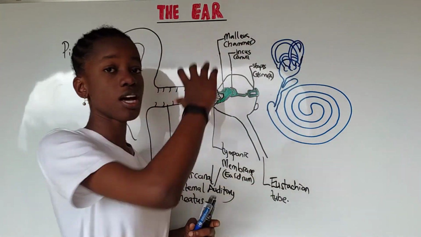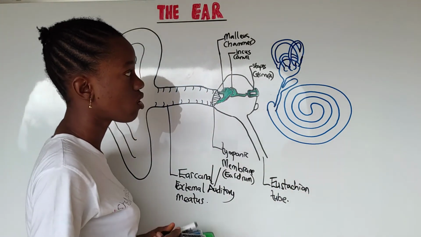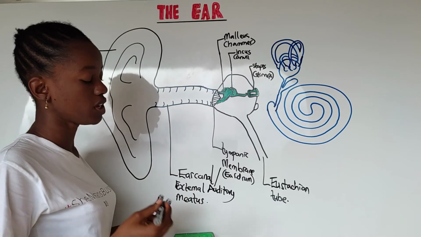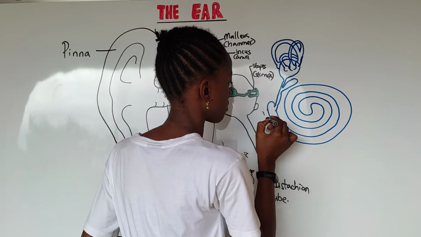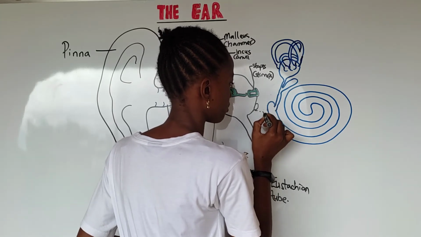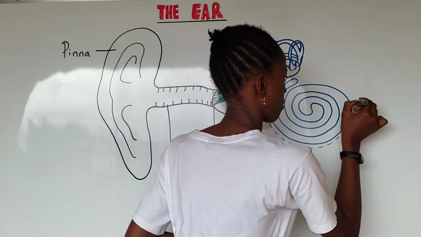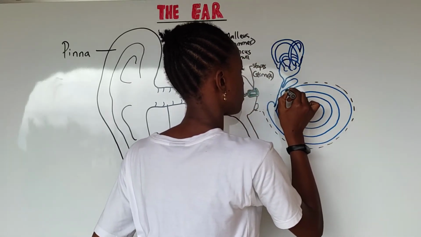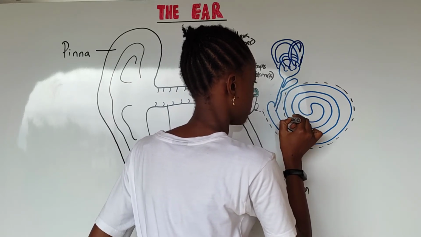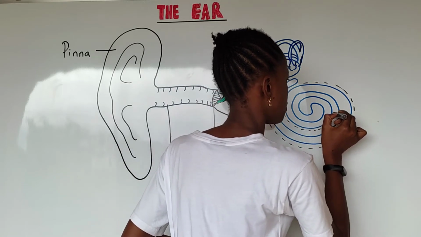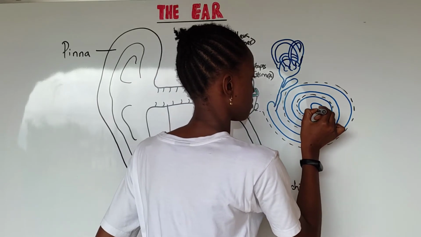So this is the vestibular system, and this is the cochlea. Just before we label, we're going to draw something called the bony labyrinth. So what I'm drawing with these broken lines is the bony labyrinth.